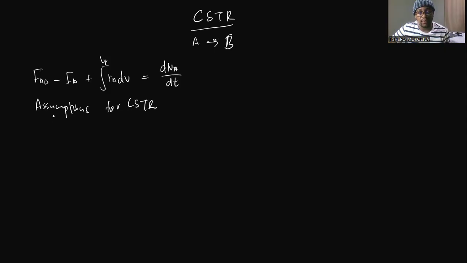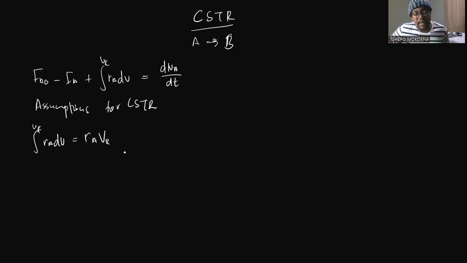Based on the assumptions, the integral of r_A dV over V_R will be equal to r_A multiplied by V, just like for the batch reactor. Recall that the CSTR can be the same as a batch reactor operating at small scale. We're not focusing on theory, just the theory necessary to design the equation for this reactor.